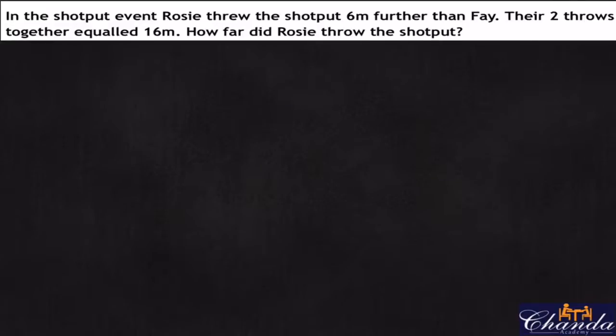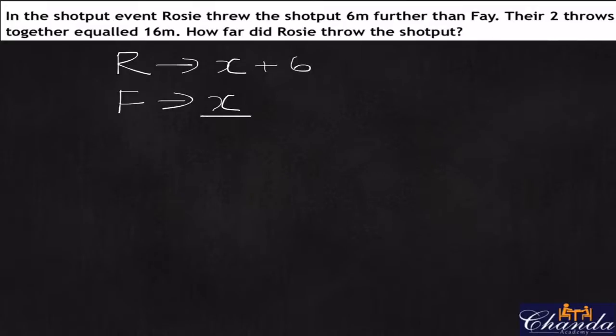So we have Rosie, who has thrown, let's say, X meters. And then Faye has thrown another bit here. So the question says, in the shot put event, Rosie threw the shot put 6 meters further than Faye. So let's make Faye equal x, and Rosie can be x plus 6, because she has thrown 6 meters further than what Faye did, which is simply x meters.